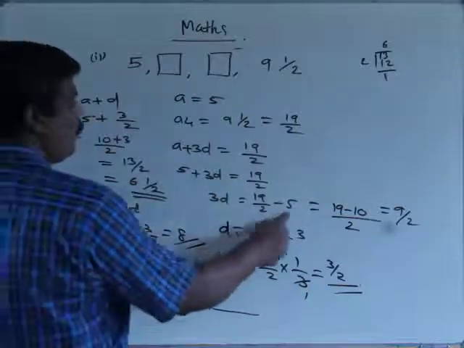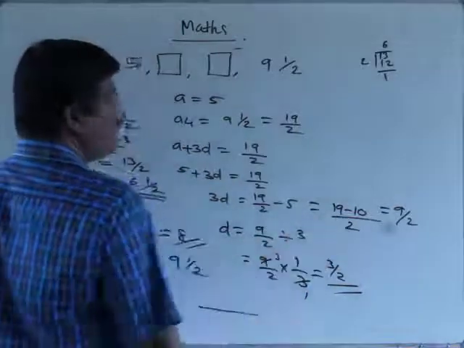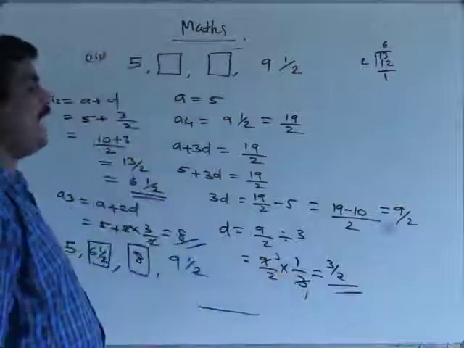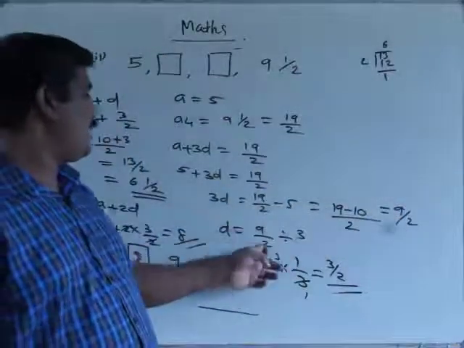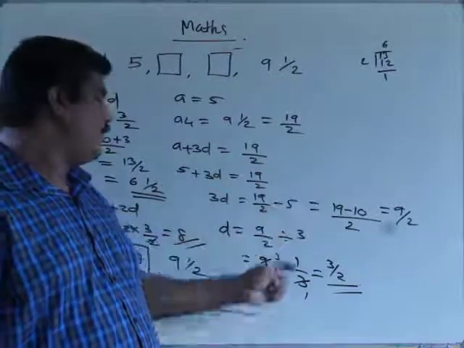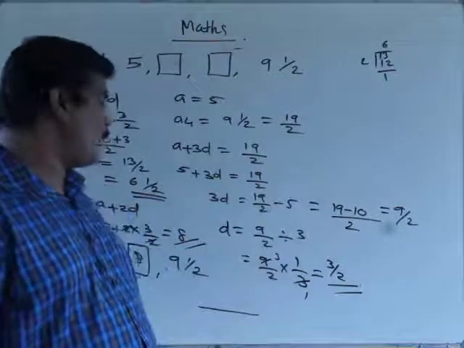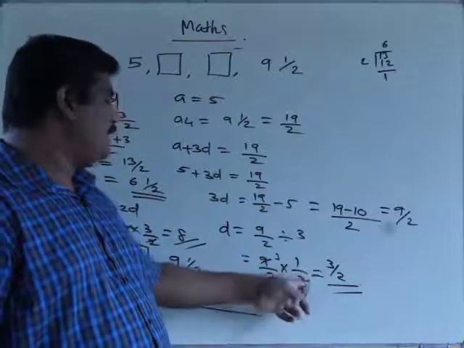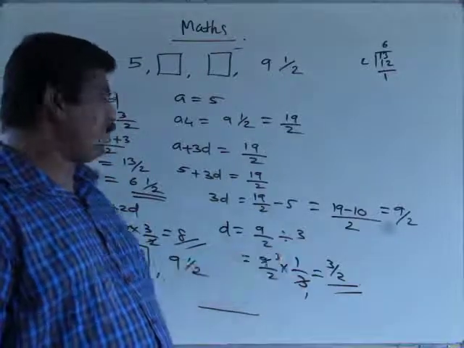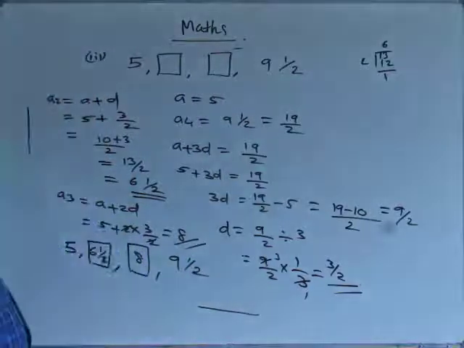Cross multiply, 2 into 1, 2. 19 minus 10. What is 19 minus 10? 9 by 2. Then 3D is 9 by 2. Then to find D, 9 by 2 divided by 3. To divide a fraction, multiply by the reciprocal. So 9 by 2 into 1 by 3, right? Here the reciprocal of 3 is 1 by 3. This 3 and 9 cancel, 3 comes, 3 by 2. So D equal to 3 by 2.